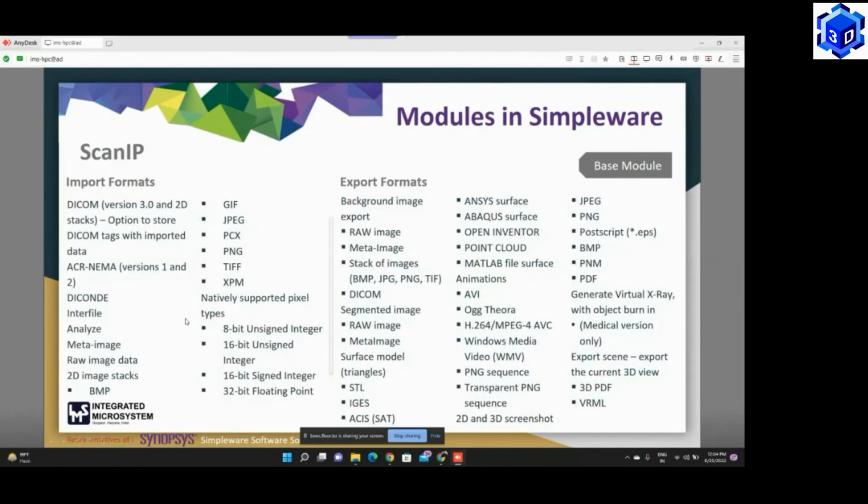These are the import formats supported by Simpleware. You can import the basic image formats as well as software-specific imports like raw image data, metaimage, DICOM, AVI, PDF. All these are available in the base module, so all the imports are possible.